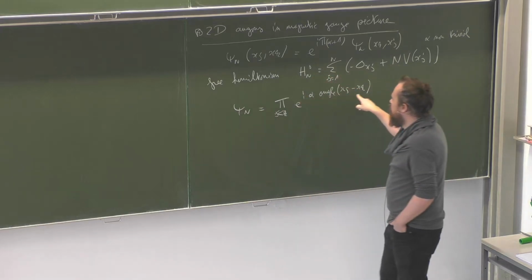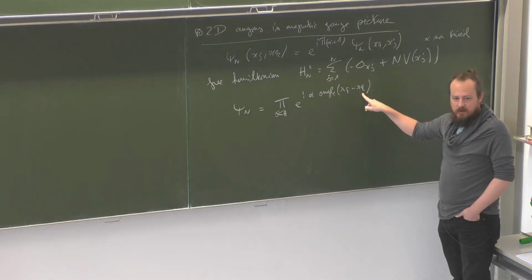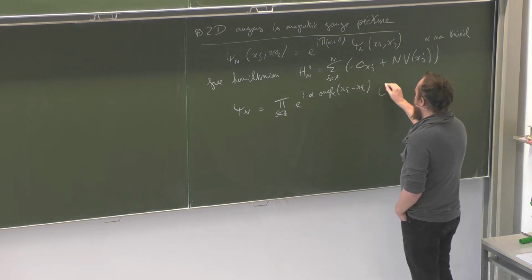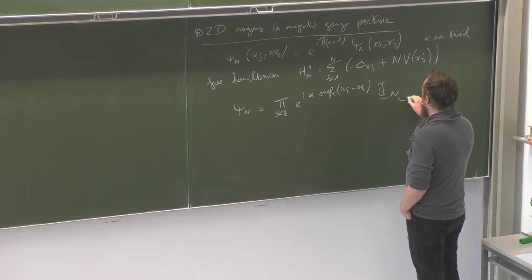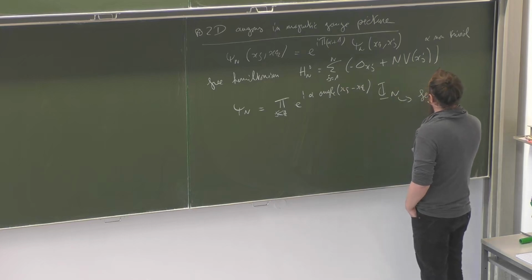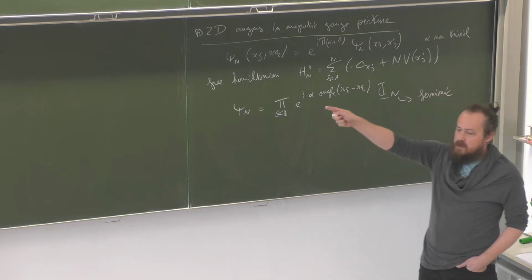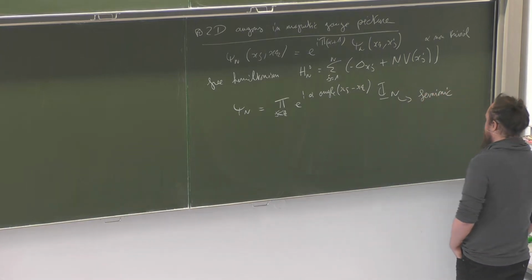So it's in the plane. This angle of a vector is well-defined if you just set a reference. And then times the phi n, and this one is fermionic. So this one is L2 antisymmetric as before.